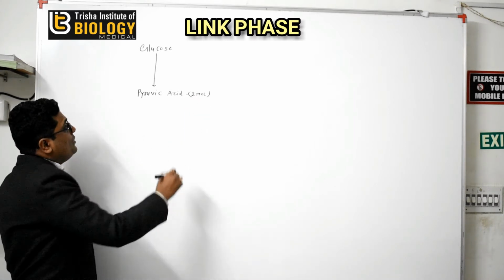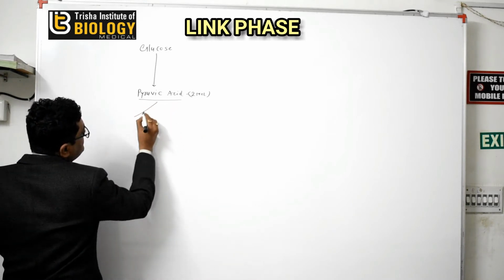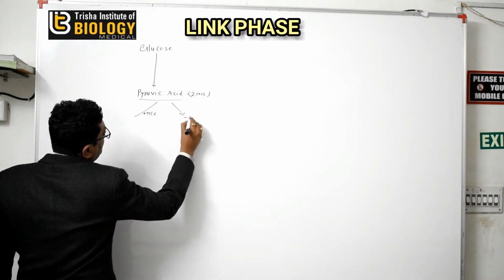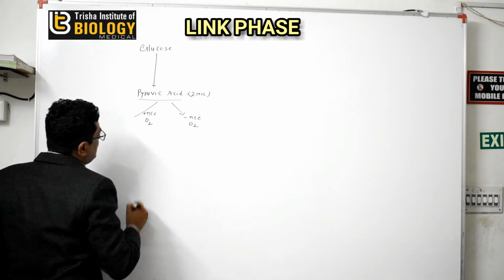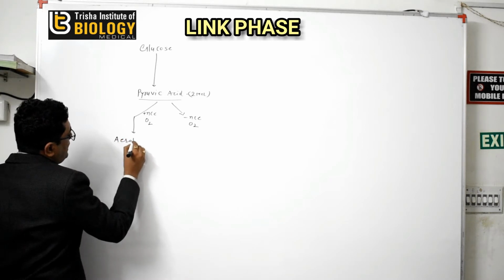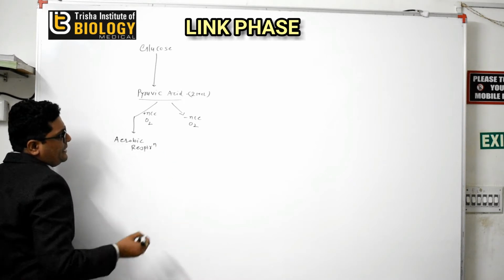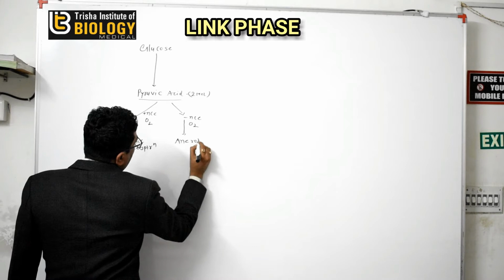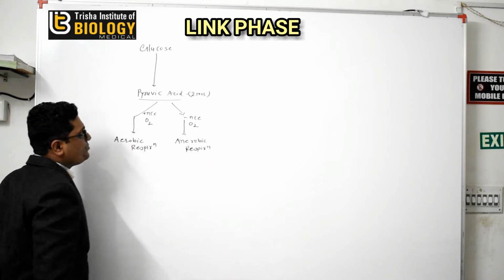Now this pyruvic acid, in presence of oxygen or in absence of oxygen: if oxygen is present, it enters into aerobic respiration. If oxygen is absent, then it enters into anaerobic respiration.